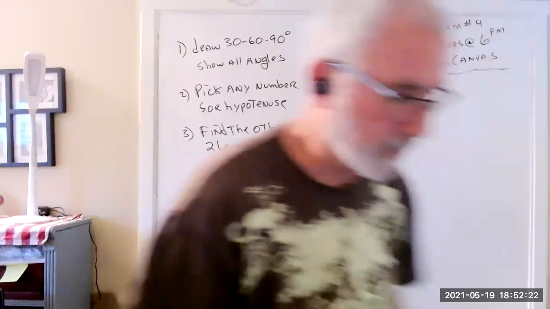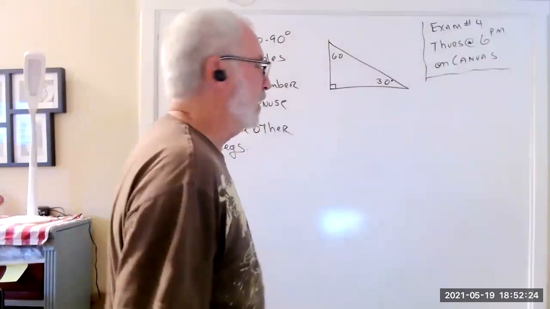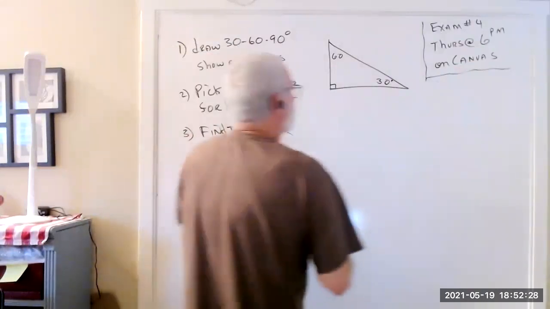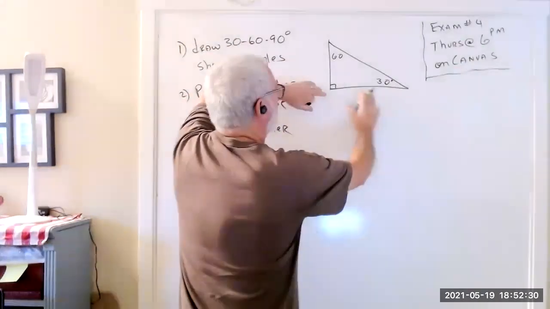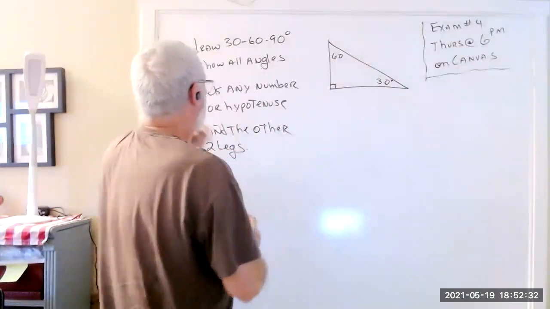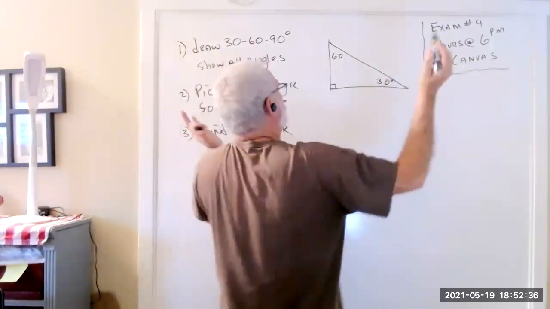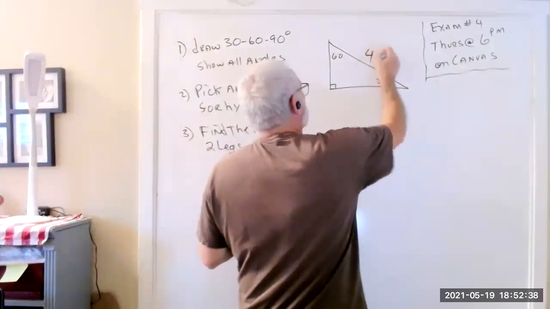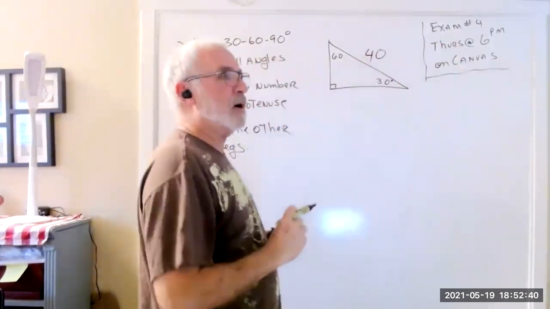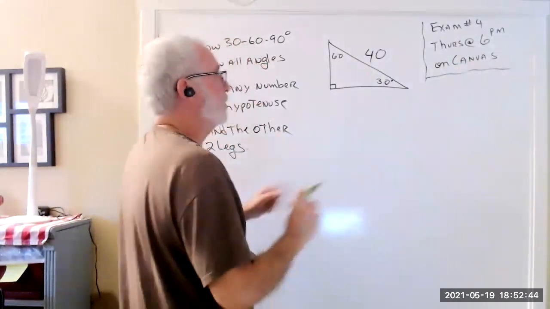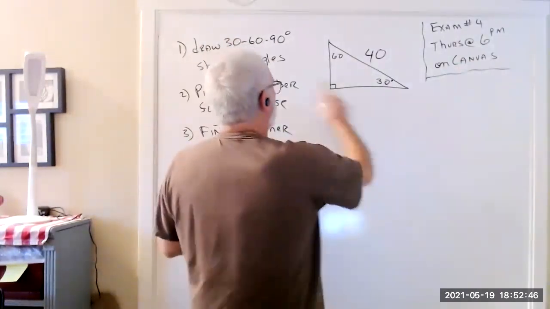On purpose. Well, it won't drive me nuts, but it'll drive your trig teacher nuts. Okay, so I made a 30, 60, 90 triangle. I'm going to arbitrarily choose this as 40. The hypotenuse is going to be 40.